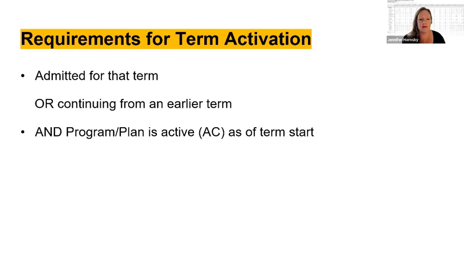We enforce that by running discontinuation processes every 21st day to enforce those rules for continuous enrollment. So as long as the student's program plan stack is active as of the term start and their admit term is for that term or for an earlier term, then they get term activated.